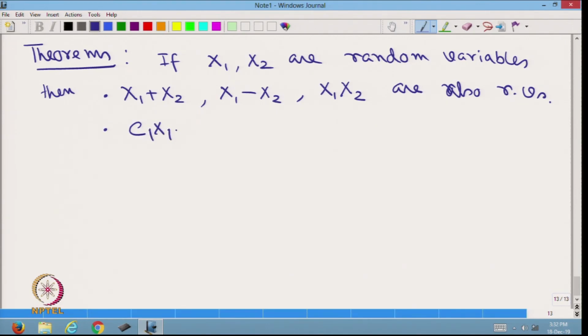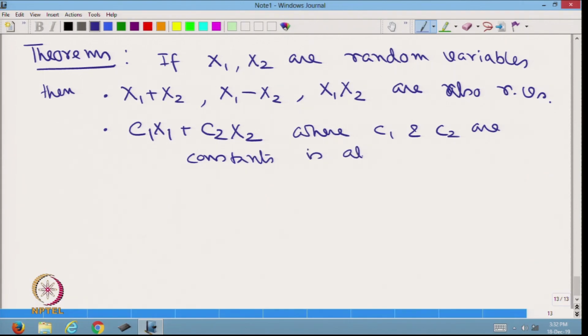C1 X1 plus C2 X2, where C1 and C2 are constants, is also a random variable.